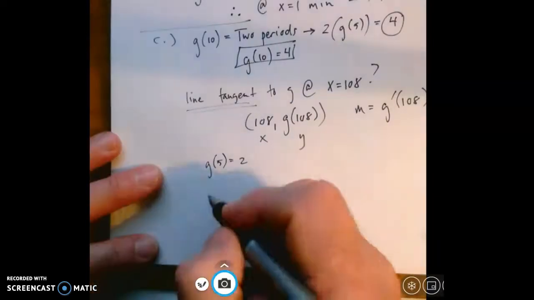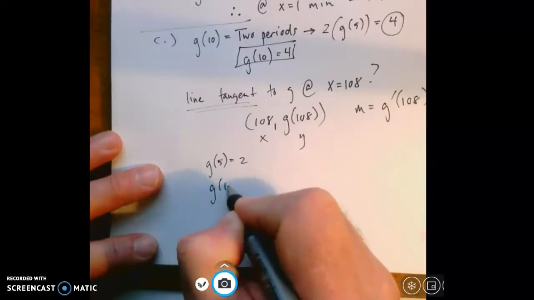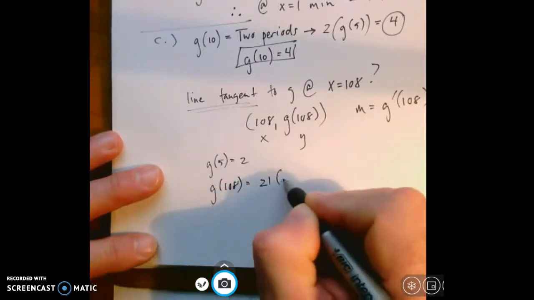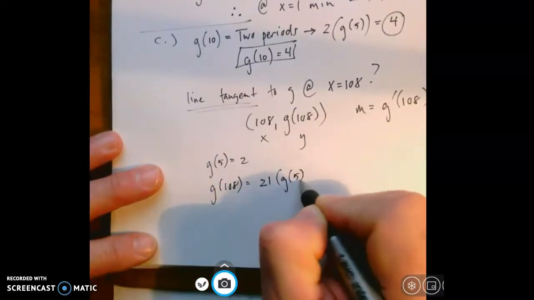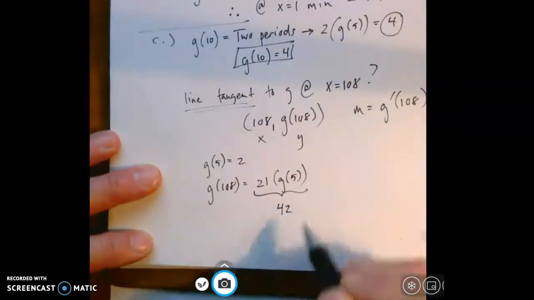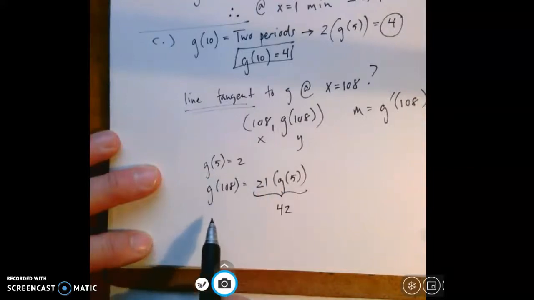G of 108 is equivalent to 21 periods, so 21 times g of 5. So this is 21 times 2, or 42. We've gone through 21 times.